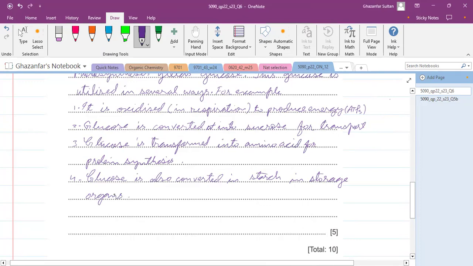That could be tubers in potato and so many other things. And glucose also produces cellulose for the cell wall.